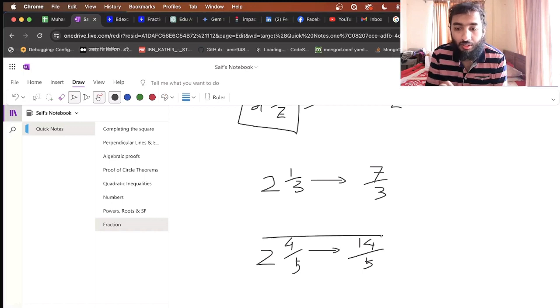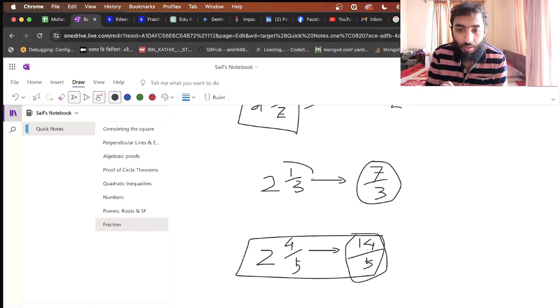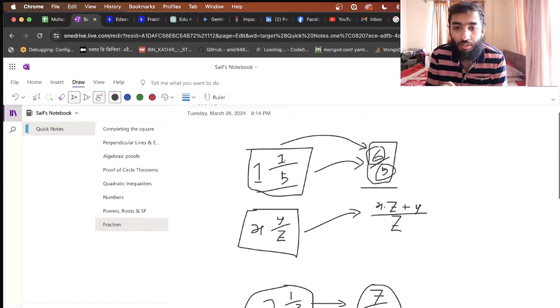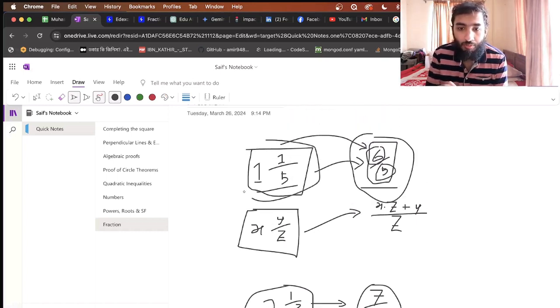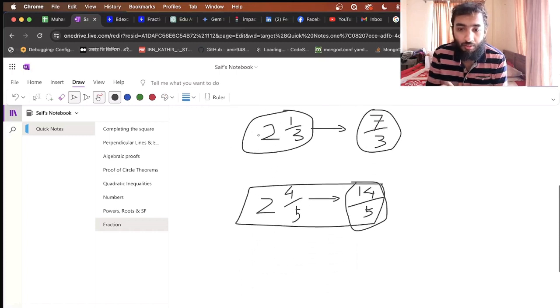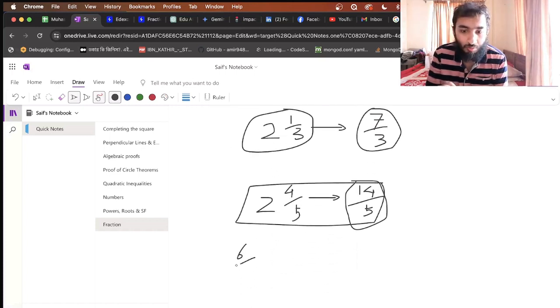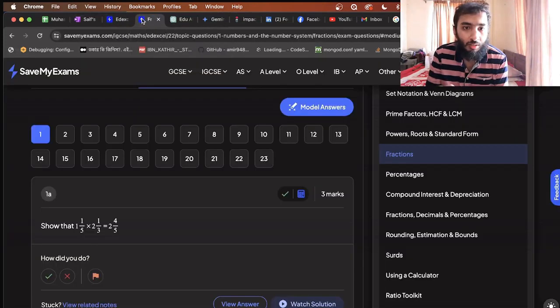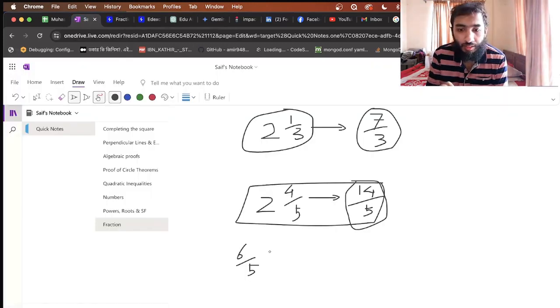So we got the expression 14 by 5 for 2 4 by 5, we got 7 by 3 from 2 1 by 3, and we got 6 by 5 for 1 1 by 5. So if we just substitute these numbers into this equation, 6 by 5 multiplied by 7 by 3.